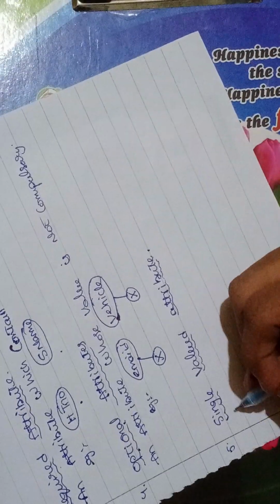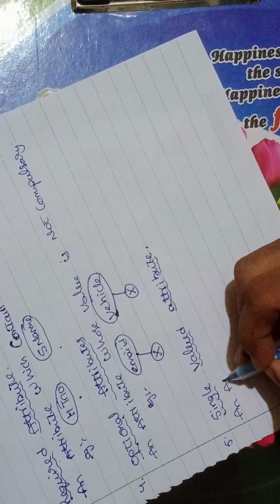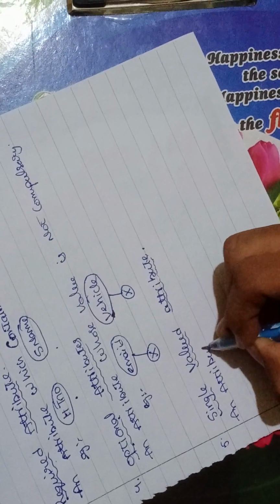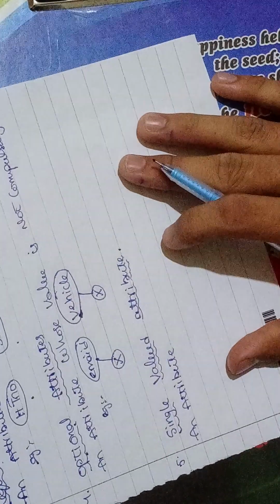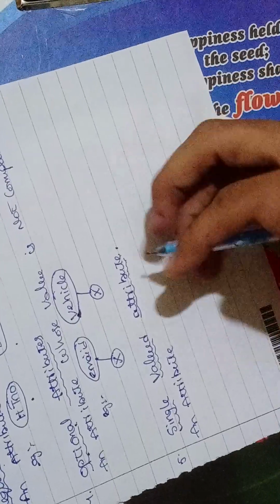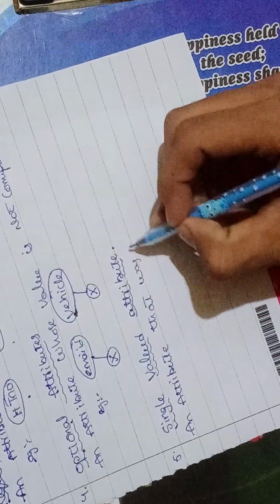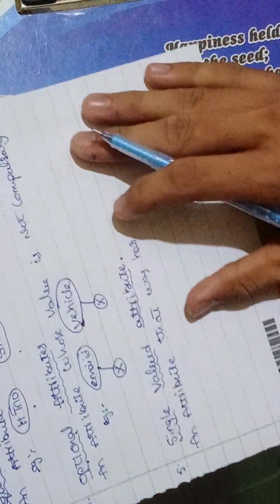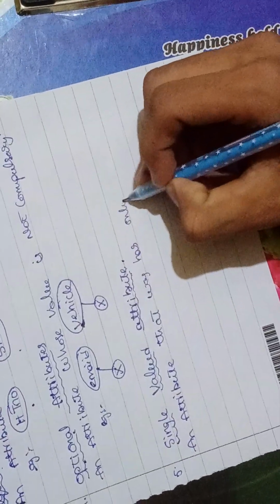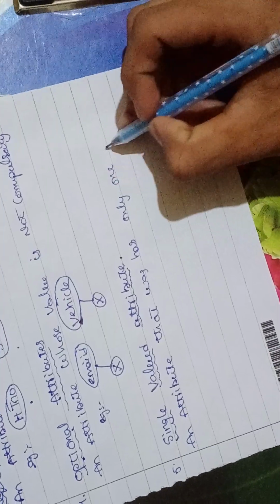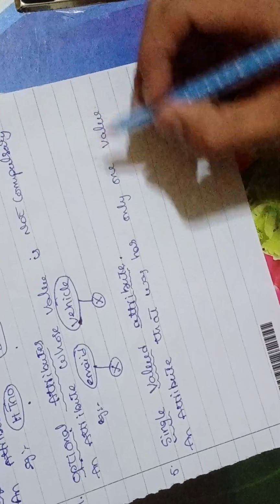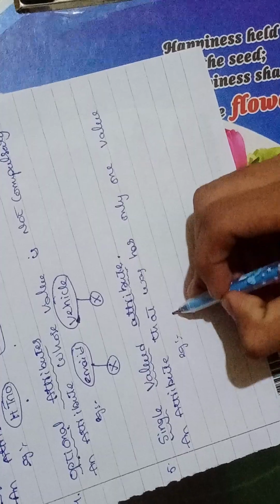An attribute that has only one value. Example, we can see the ATM pin.